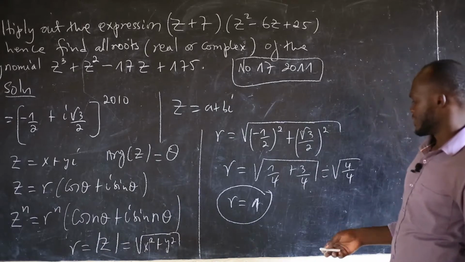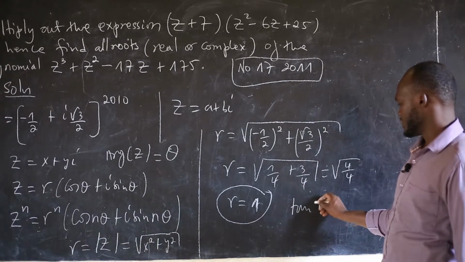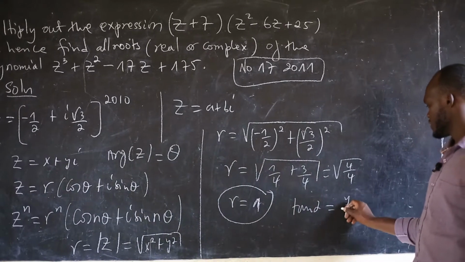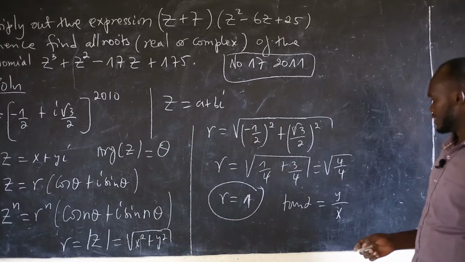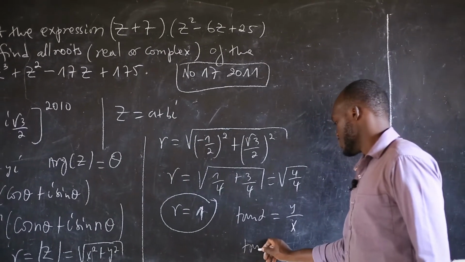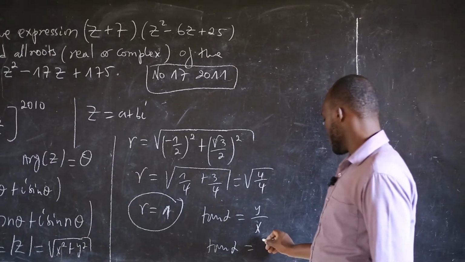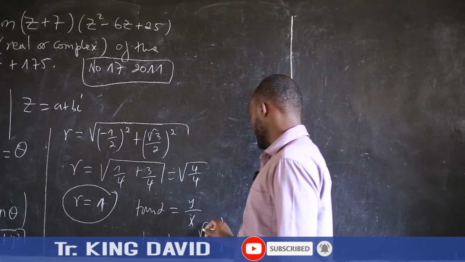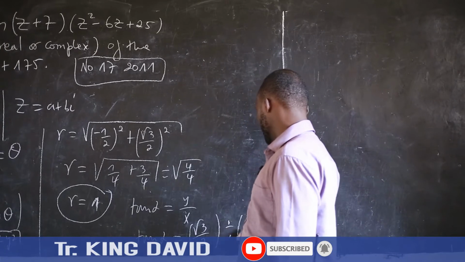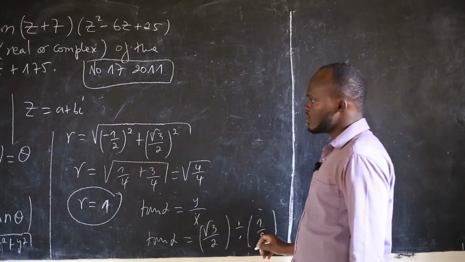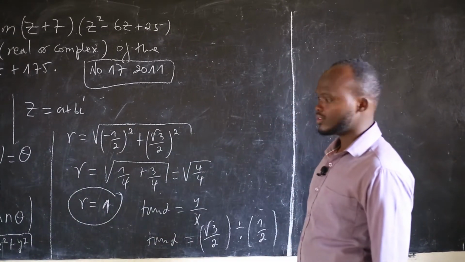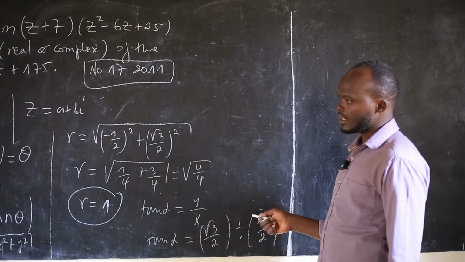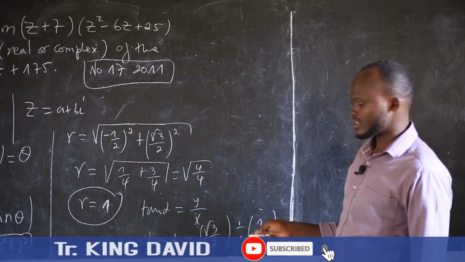Then what is the argument? So we need to find tan alpha. Tan alpha will be y over x. So tan alpha will be equal to root 3 over 2 divided by a half. I told you we don't consider negatives. Negatives help us to know where that z is located in terms of quadrants.